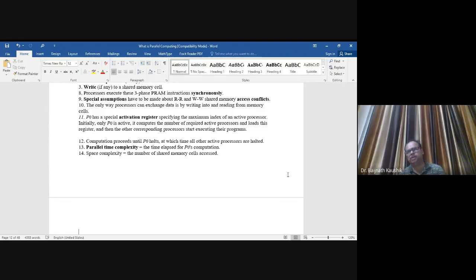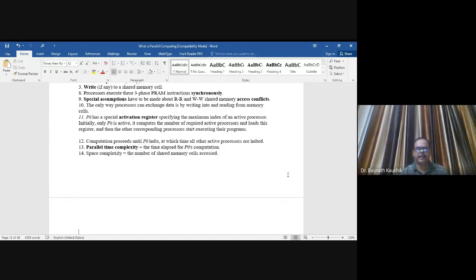But if multiple processors attempt to read data from the same shared global memory, or write data to the same shared global memory, how does it handle the read or write conflicts? That we will see.